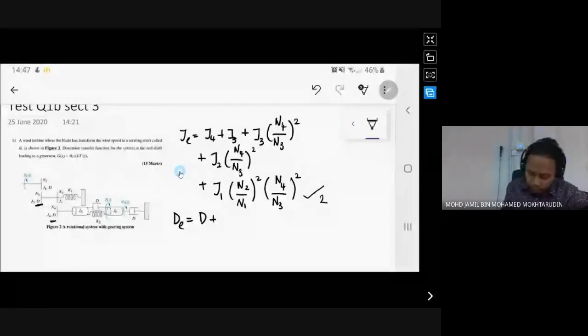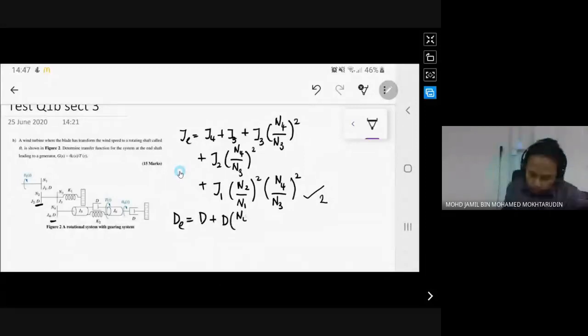So D times (N4 over N3) squared. And plus this damper. So plus D times (N2 over N1) squared times (N4 over N3) squared.